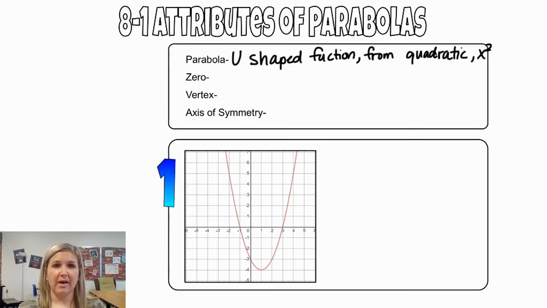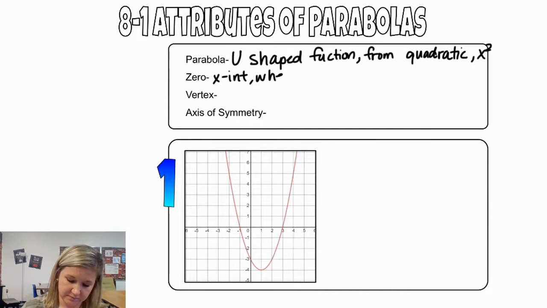A couple of things about the parabola: it's more than likely going to cross the x-axis in a couple of places. Those are going to be our zeros, also known as your x-intercepts. The zero is the x-intercept, which is where the graph or the function crosses the x-axis.